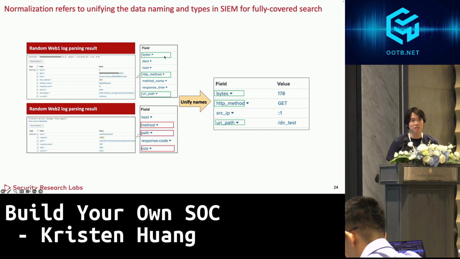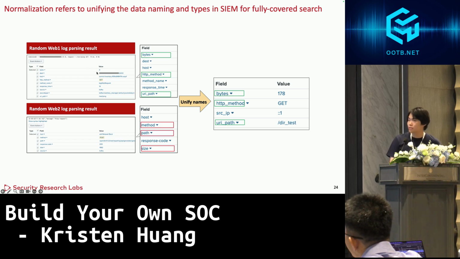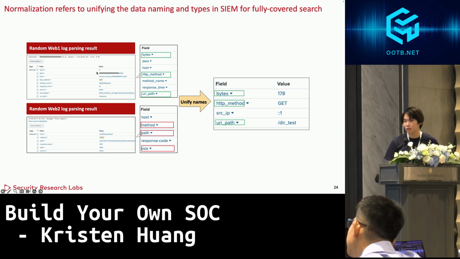So these inconsistent naming schemes can actually give you a big headache and trouble, because when you try to create detection rules, for example, a data exfiltration rule, you want to monitor all of the connections that are sending large bytes out.